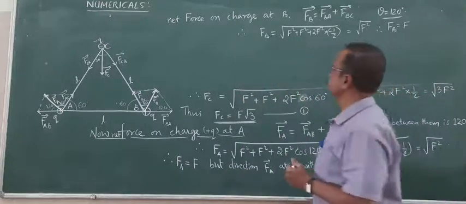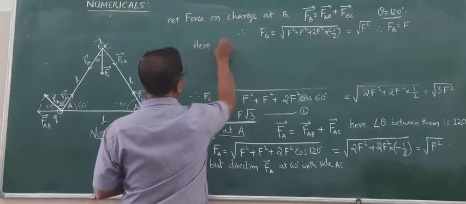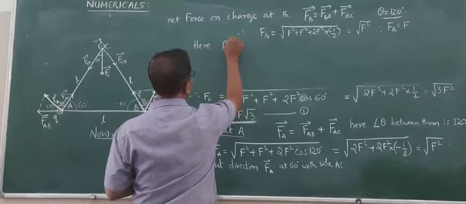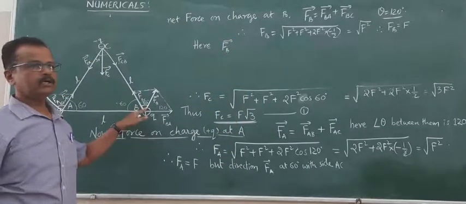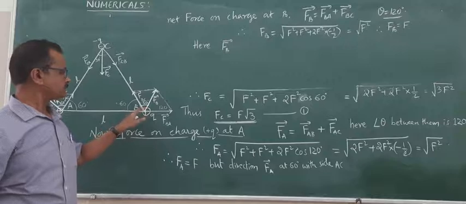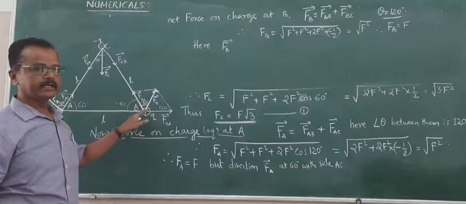But direction here, you can see vector FB is directed along the angle bisector of 120 degrees.